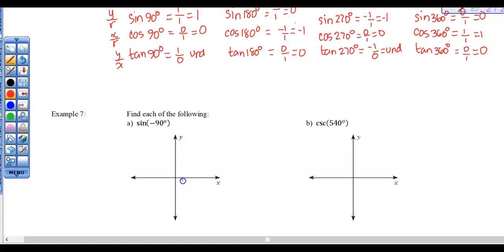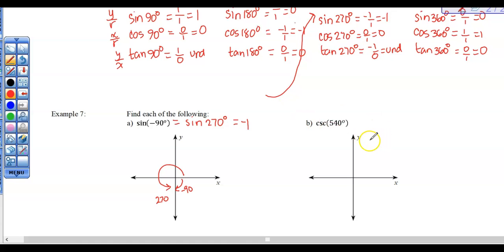And so if we're working this direction, this is -90 degrees, well, coterminal to that would be 270 degrees. So we could say that the sine of -90 is equal to the sine of 270 degrees, and the sine of 270 degrees we found already up here was -1. And so there you have that. This is the nice thing about knowing coterminals.